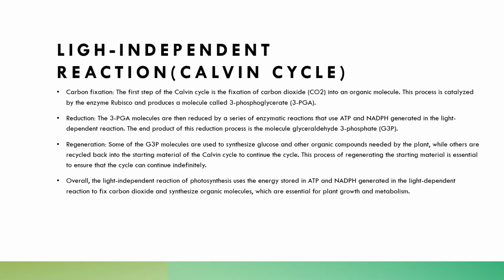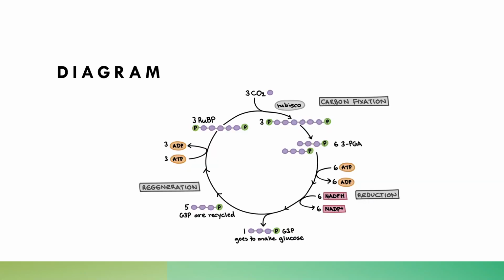Overall, the light-independent reaction of photosynthesis uses the energy stored in ATP and NADPH generated in the light-dependent reaction to fix carbon dioxide and synthesize organic molecules, which are essential for plant growth and metabolism. And here's a more thorough diagram.